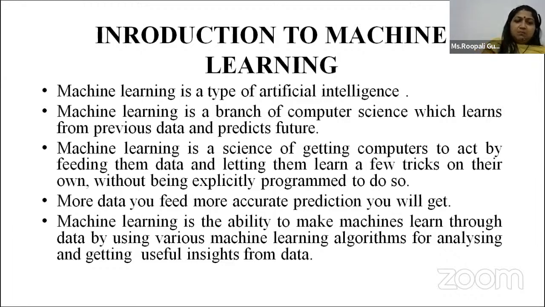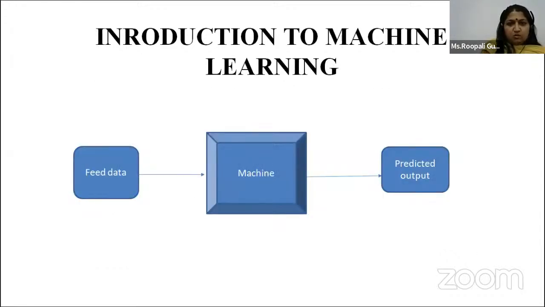So machine learning is the ability to make machines learn through data by using various machine learning algorithms for analyzing and getting useful insights out of that data. This is just a basic diagram: we keep on feeding the data, and out of that data, the machine predicts some output.